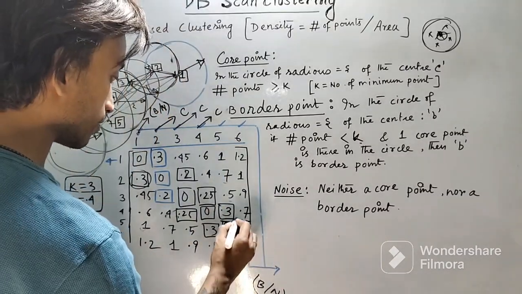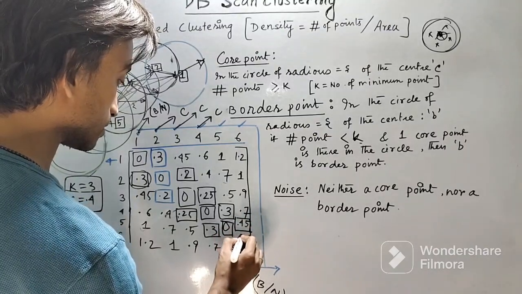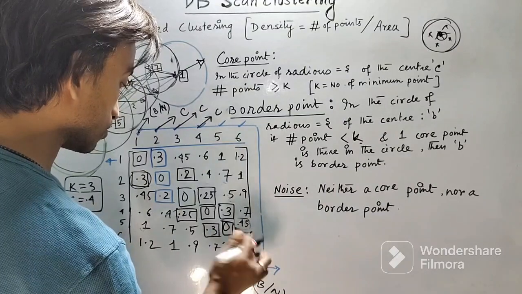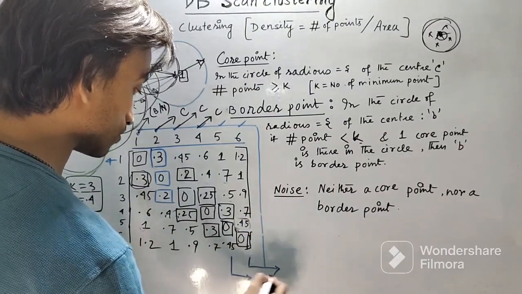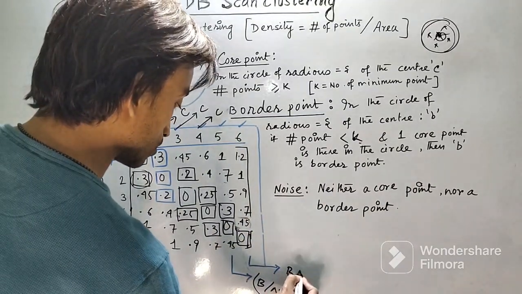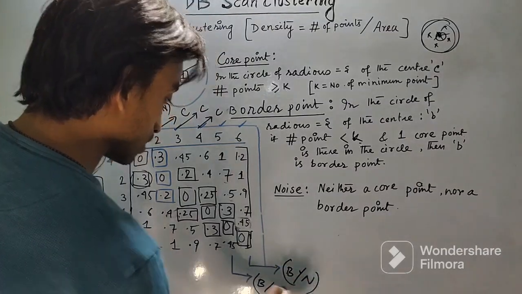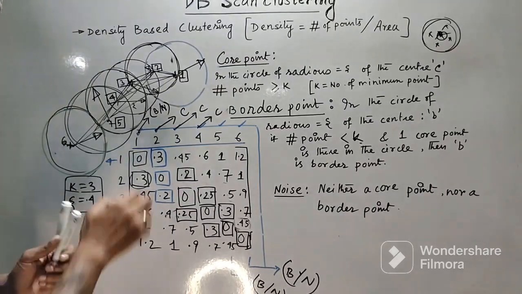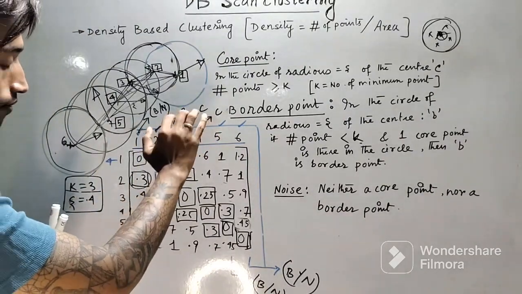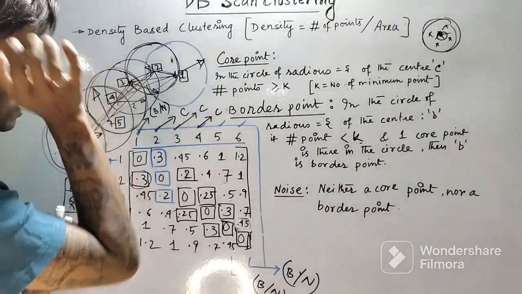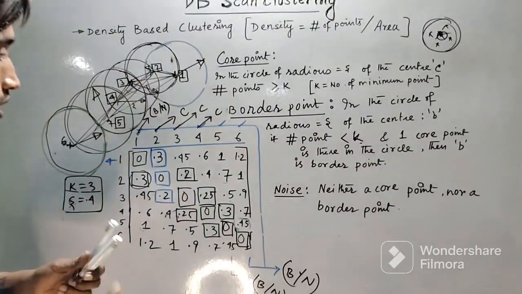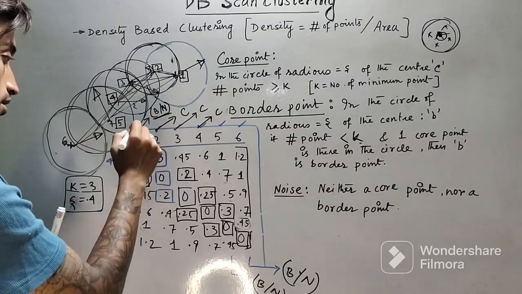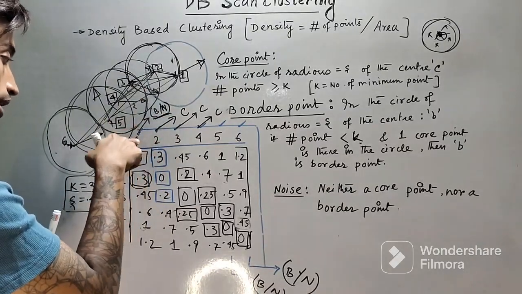And again over here, for point 6, only this one, this 0, is less than 0.4, so this is also a border point or a noise. Okay, good. So now we have already found that these three are core points and these three are either a border point or a noise. Okay, cool. Now focus on this particular point 1.